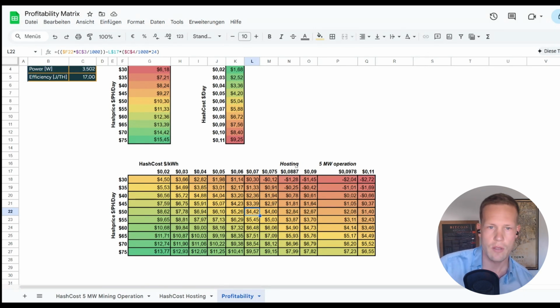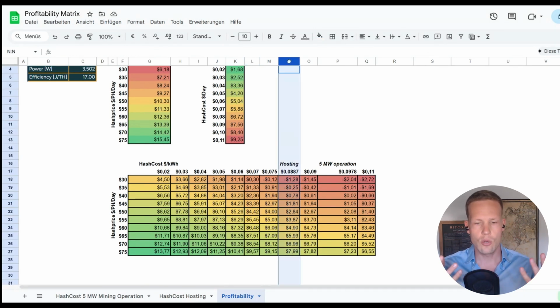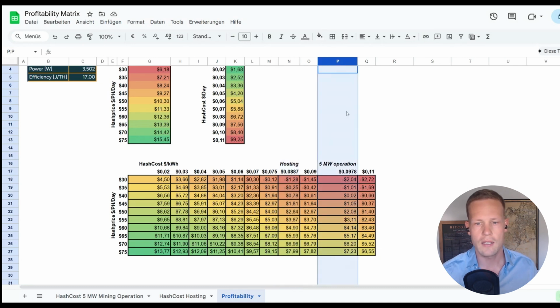We had this example in the hosting example. In the hosting scenario, our hash cost per day, including the maintenance, was about 8.87 cents. And in our 5 megawatt operation, the cost was slightly higher, 9.78 cents.